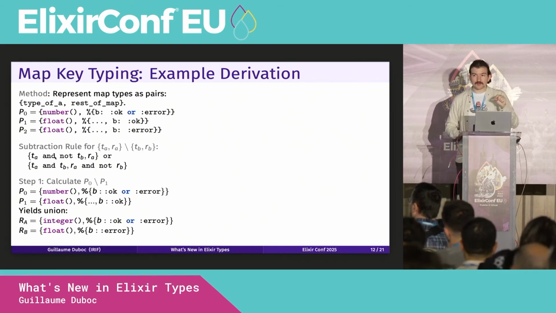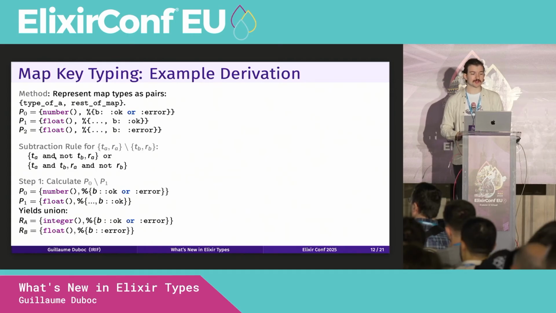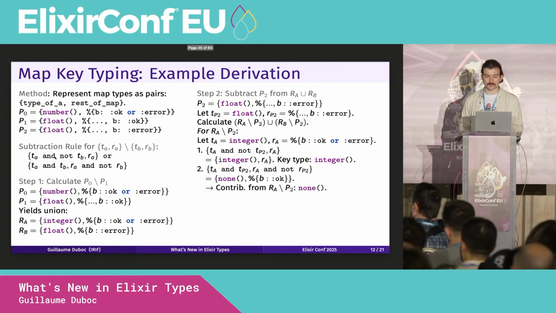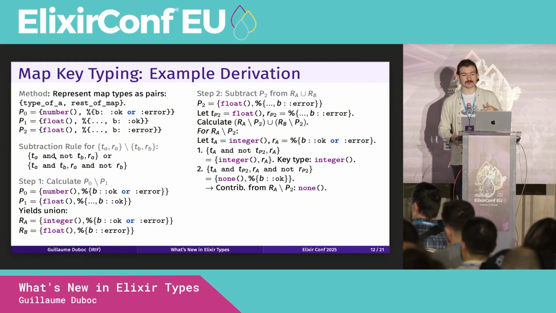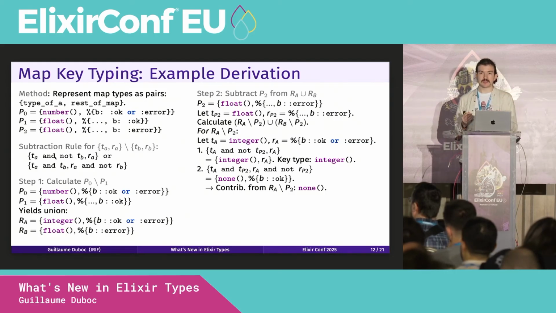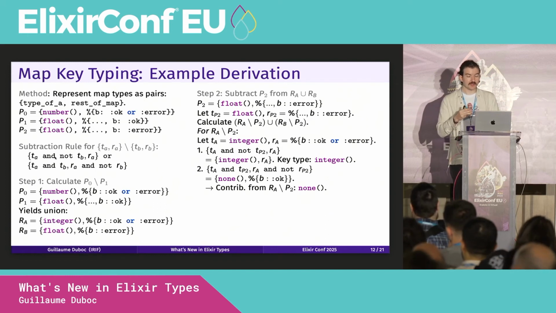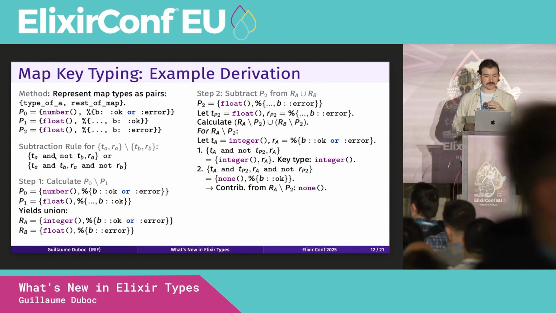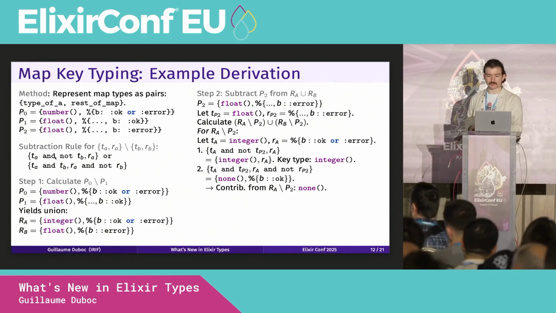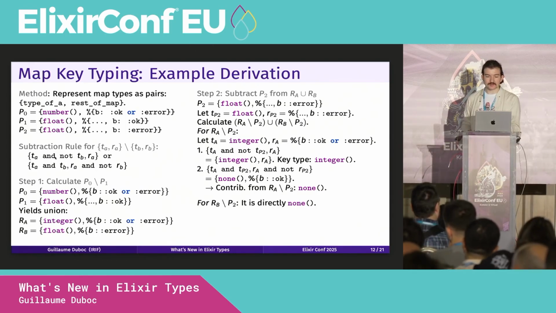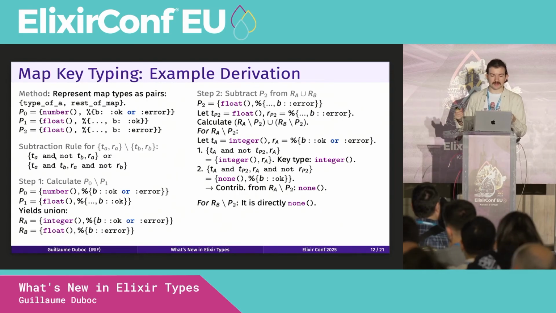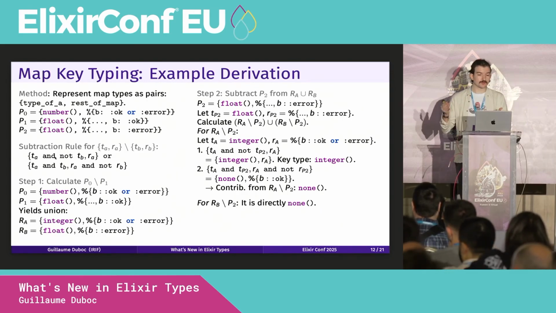And now we apply the other subtraction of P2, and this gives us a list of pairs. And because we actually want to compute the type of a given key, we just take their first element. And so now you can see in 1 and 2, we obtain pairs integer RA or pair none and something.